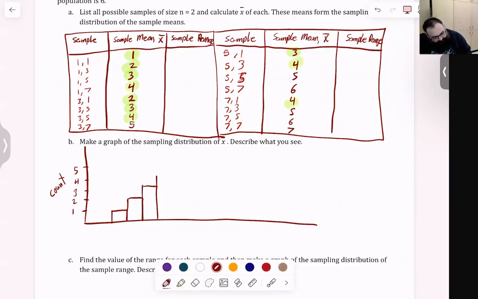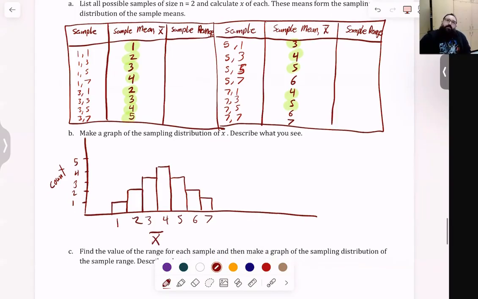How many times did 5 happen? 3 times. 1, 2, 3. Then 2, then 1. So that's 1, 2, 3, 4, 5, 6, 7. And that's x bar.